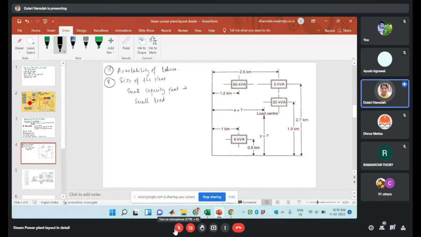Small capacity plants are used for the small load purpose. In case of the small capacity plant, generally we are installing two units of equipment.